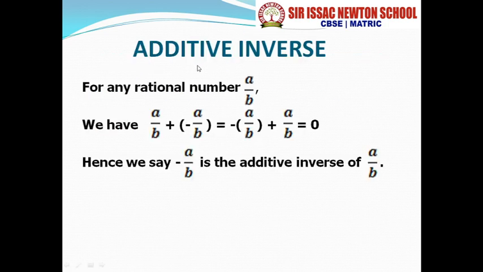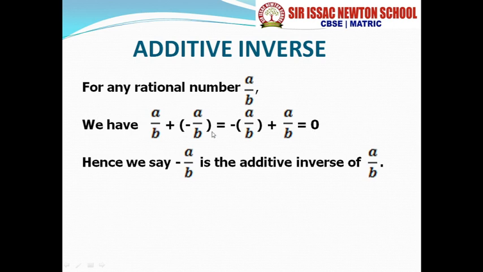Next we are going to discuss the additive inverse. For any rational number a by b, when we have a by b plus minus a by b, I get 0.